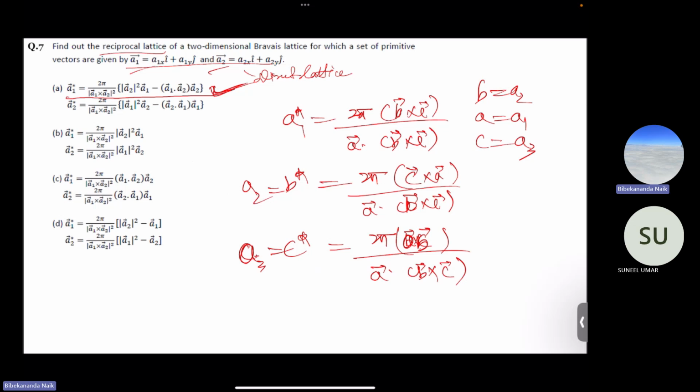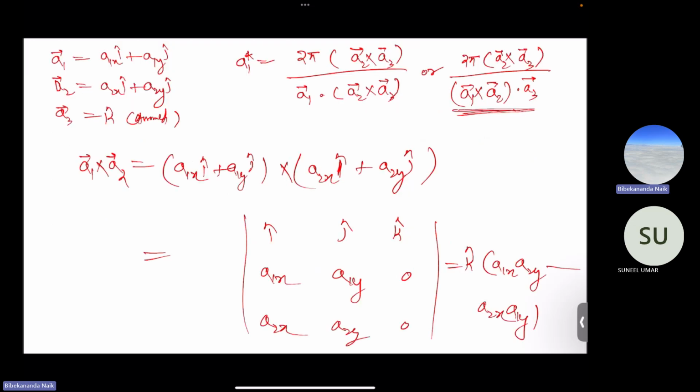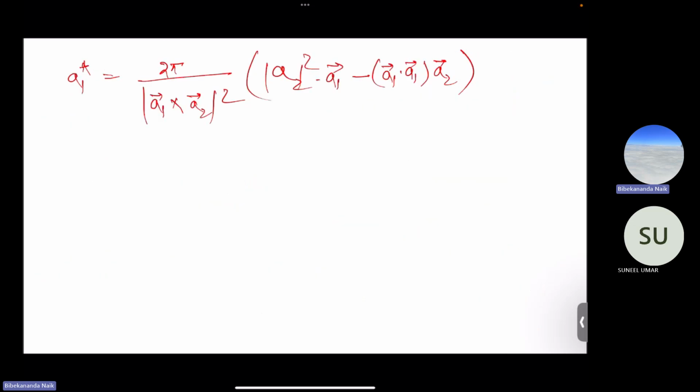Similarly, by using the same procedure, you can find out the value of A2 star, and it will be pretty much similar. It will be 2 pi divided by the mod square of A1 vector cross A2 vector.